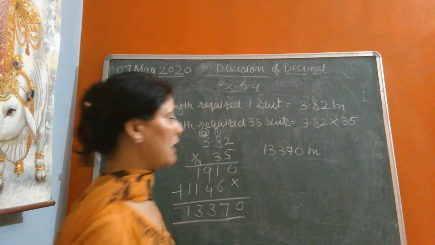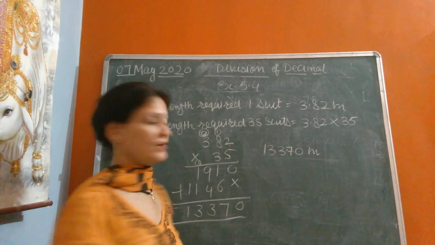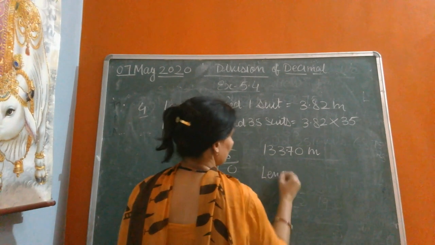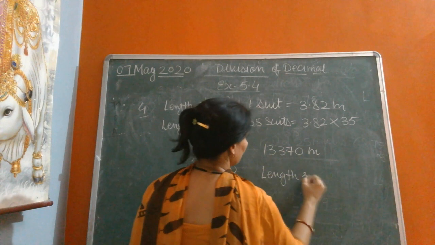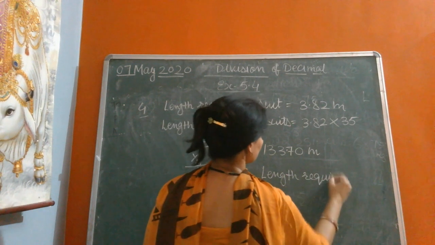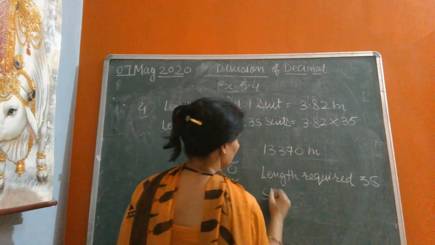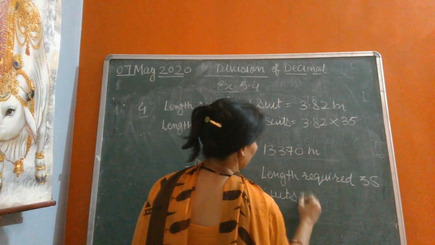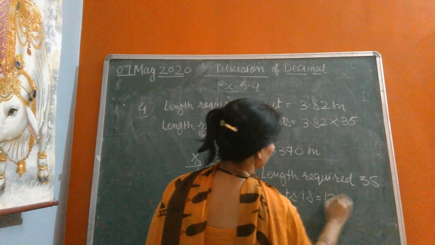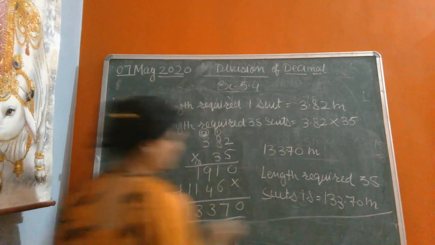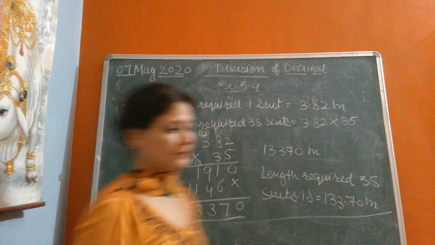We want the length for 35 suits. The length required for 35 suits is 133.70 meters. So this is the answer.